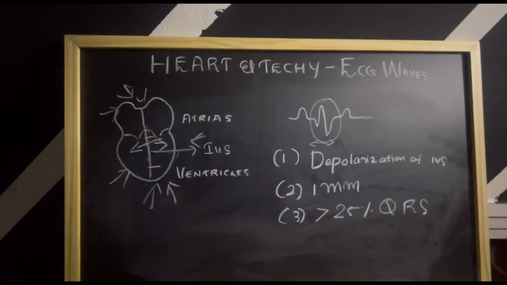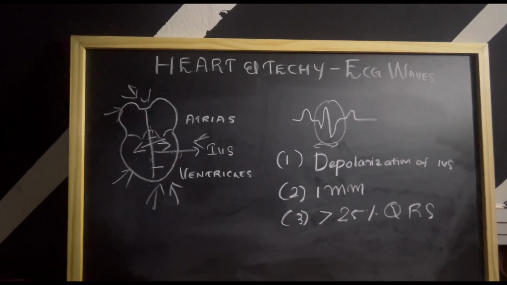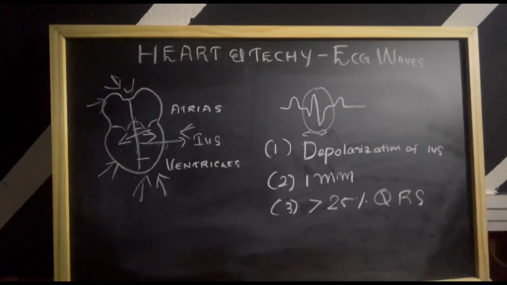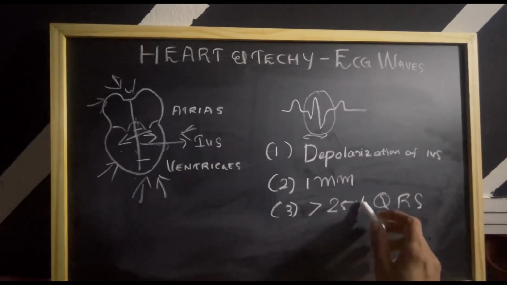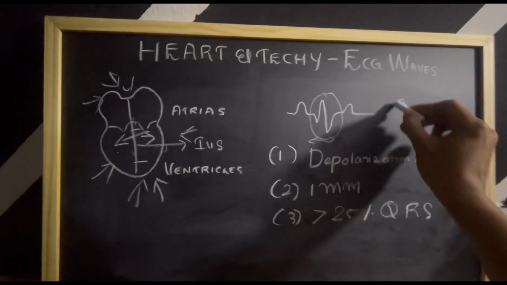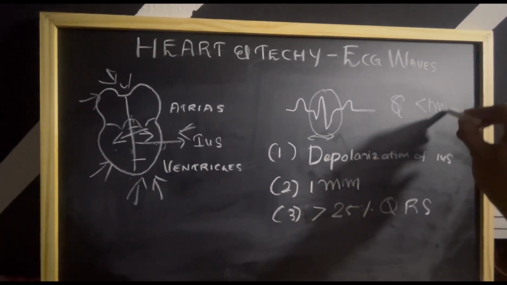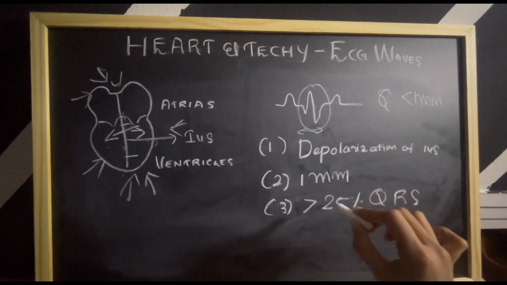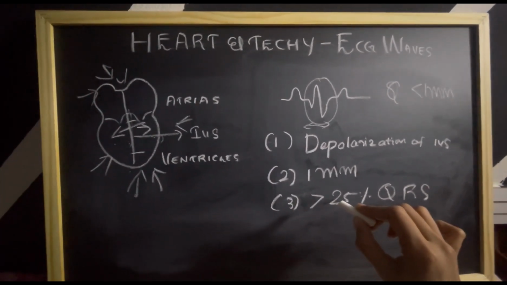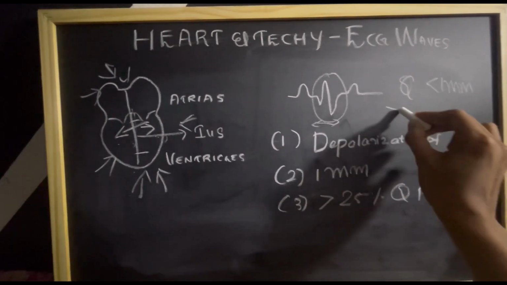So there are two types of Q waves: physiological Q waves and pathological Q waves. A physiological Q wave is one that is less than 1 mm, and it can be considered normal.